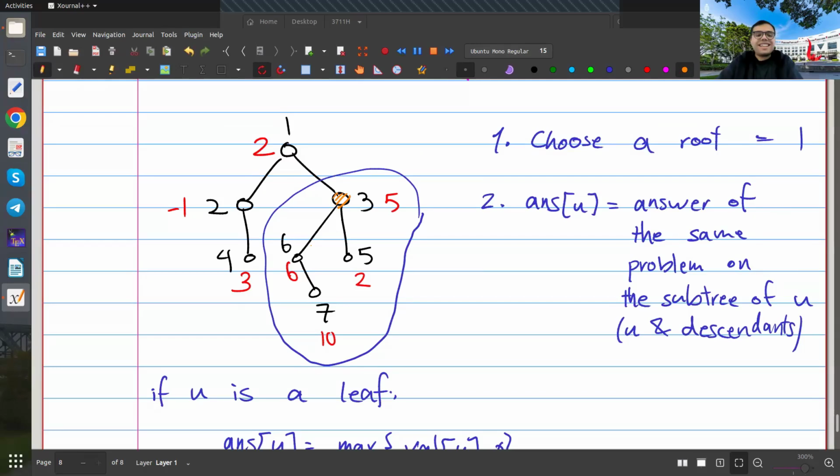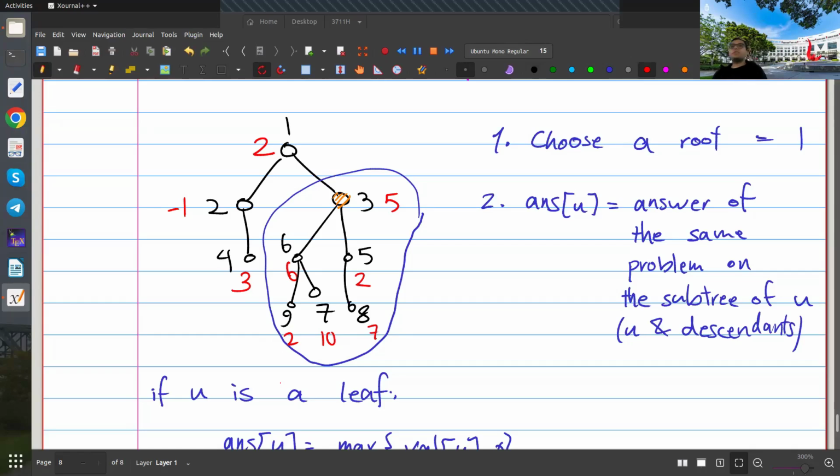It means that I cannot take any of its children. Right? So I've picked 3 because I cannot take any of its neighbors. I cannot take 5 and 6. But then from the grandchildren, if I have a bunch of grandchildren, I can take whatever I want.